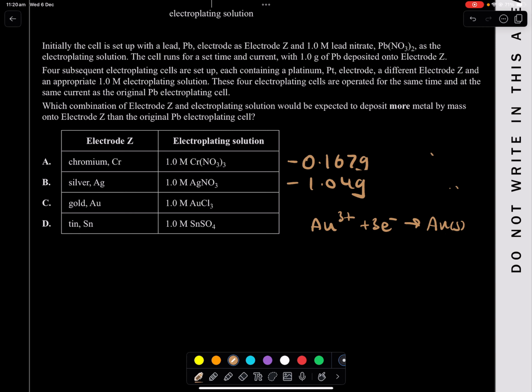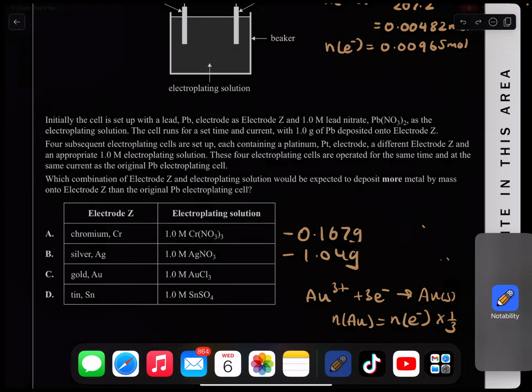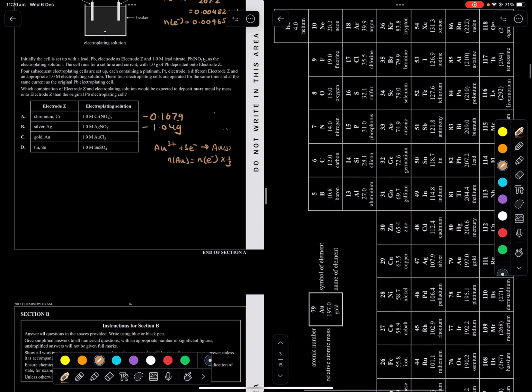The number of moles of Au is going to be the number of moles of electrons times 1/3, which is 0.00965 times 1/3. And now we've got the number of moles. And that number of moles we're going to multiply by the molar mass of Au.